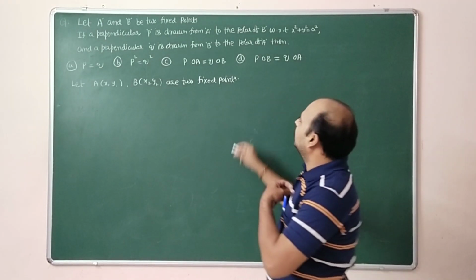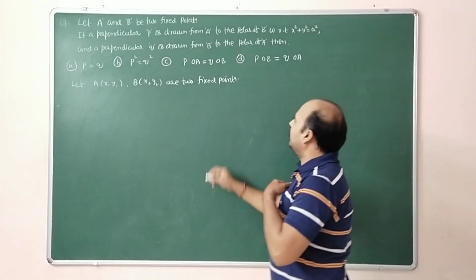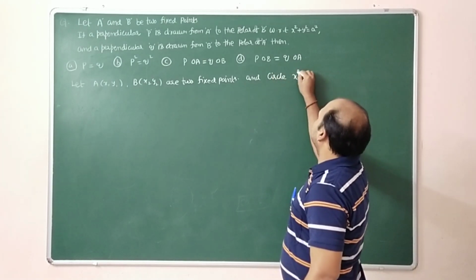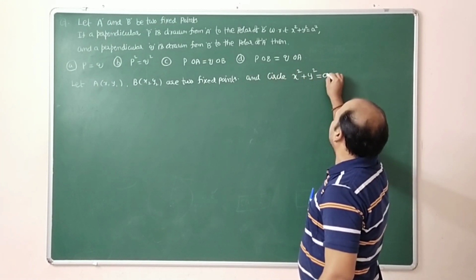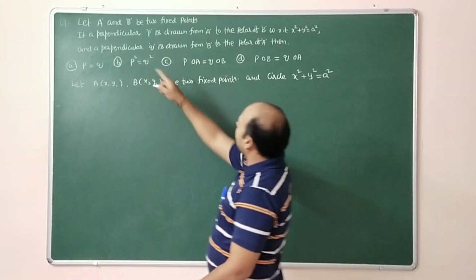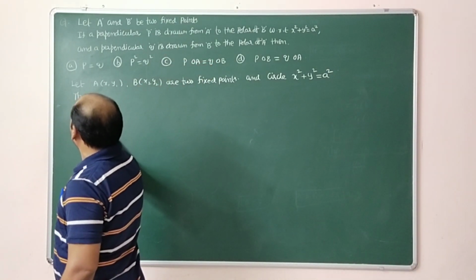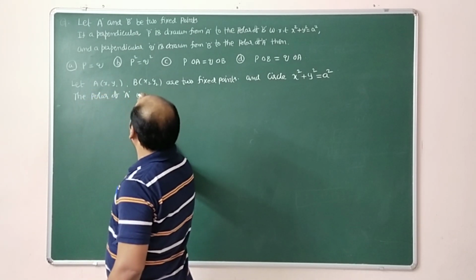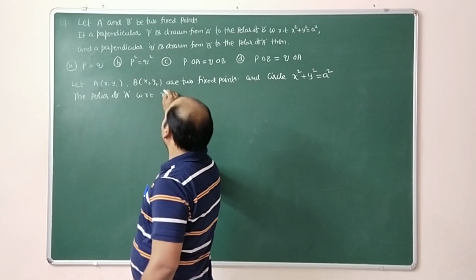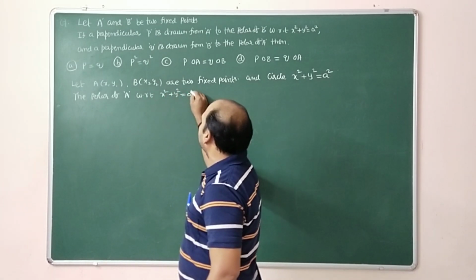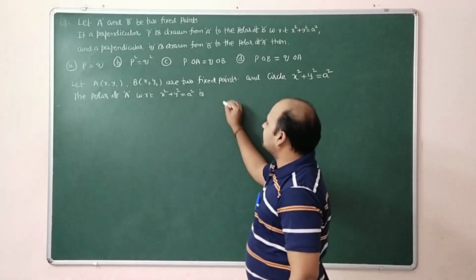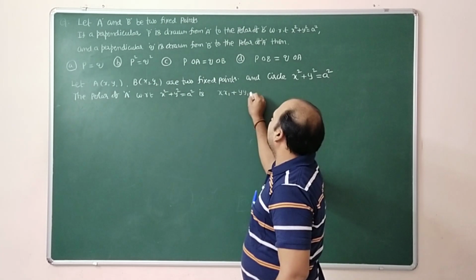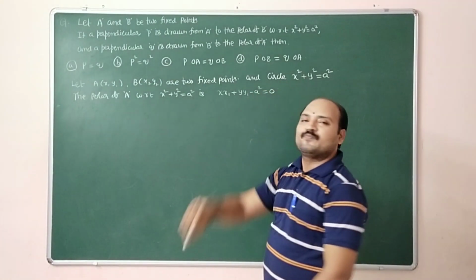Next, what is the circle? The given circle is x square plus y square equal to a square. So the polar of A is there, the polar of B is there. The polar of A with respect to x square plus y square equal to a square is S1 equal to 0 only: xx1 plus yy1 minus a square equal to 0.